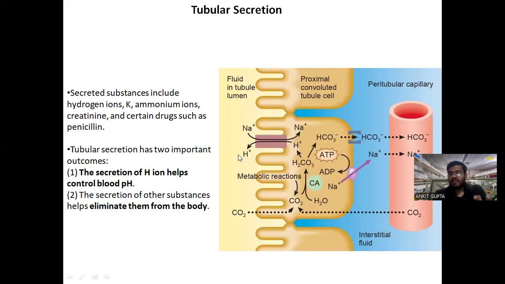This is how hydrogen ions are secreted back into the tubule lumen. Other substances are also secreted but by different mechanisms. Different transport proteins are also there. So this was one of the examples of tubular secretion.